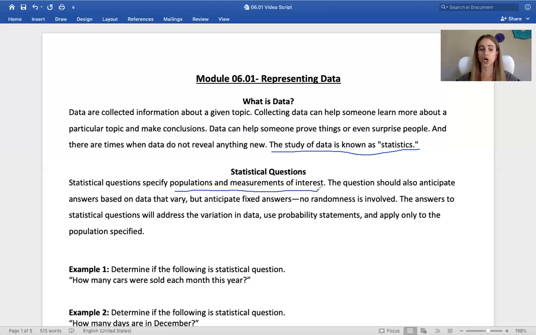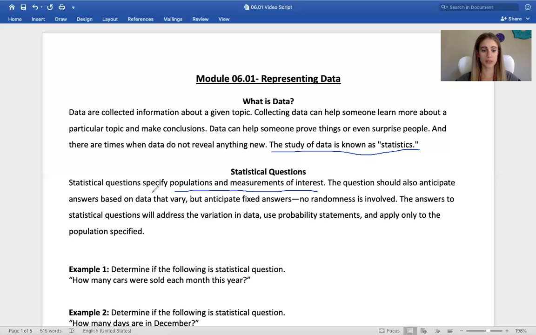The question should also anticipate answers based on data that vary, but they anticipate fixed answers, so no randomness is involved. The answers to statistical questions will address a variation of data, use probability statements, and apply only to the population specified. So I know that's a little wordy, but let's go into a couple examples so that way hopefully it'll be a little bit more clear for you all.